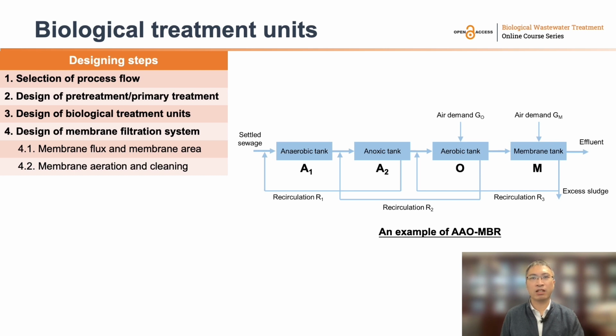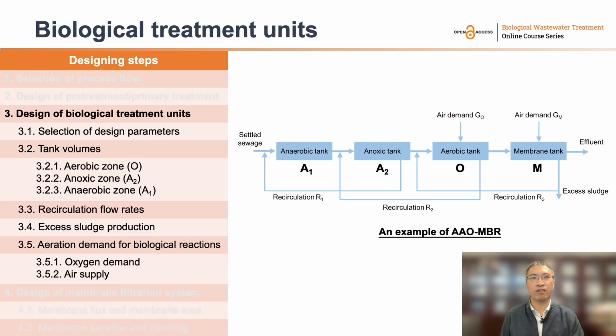The design of biological treatment units involves selection of design parameters, calculation of tank volumes, recirculation flow rates, excess sludge production, and aeration demand for biological reactions. Here, we take the AAO-MBR process as an example to show how to design the biological treatment units step by step.